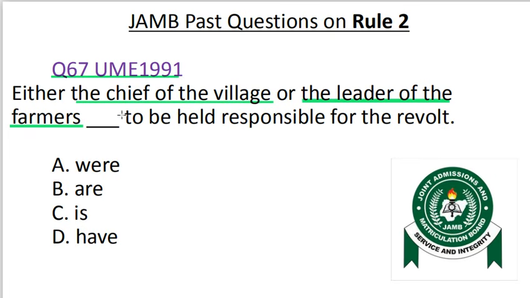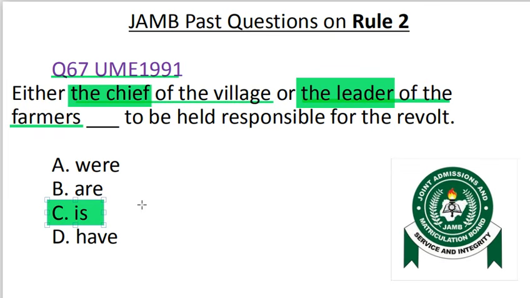Either the chief of the village, this is a singular subject, or the leader of the farmers, also a singular subject. Both of the subjects are singular. Whatever the sentence means, it means that only one of them will be held responsible. So which one agrees with singular? It is option C. Either the chief of the village or the leader of the farmers is to be held responsible for the revolt.